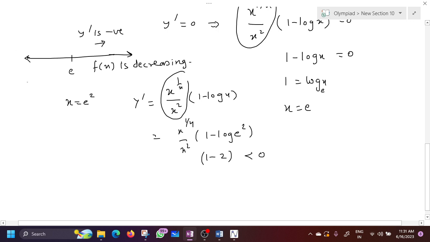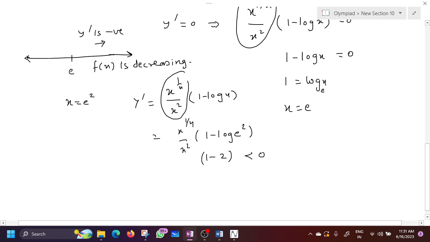f(x) is decreasing. And you can check for the left hand side of e, and it will be increasing. Let us take a value which is smaller than e.